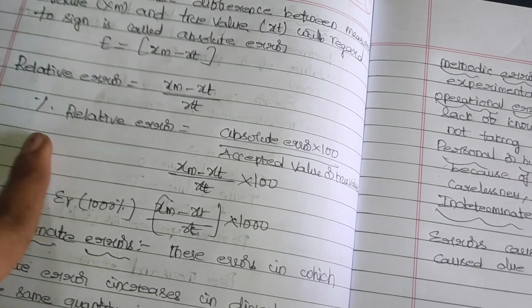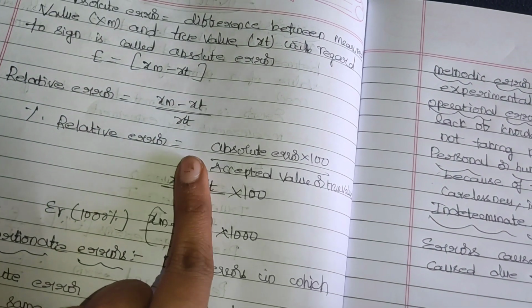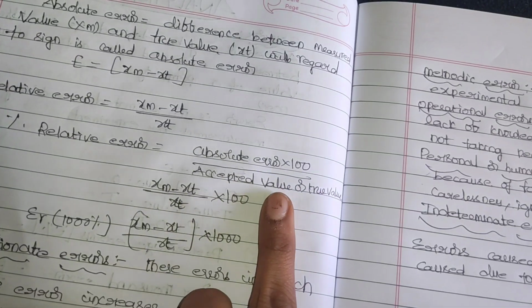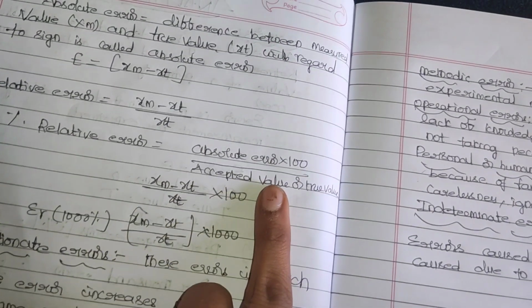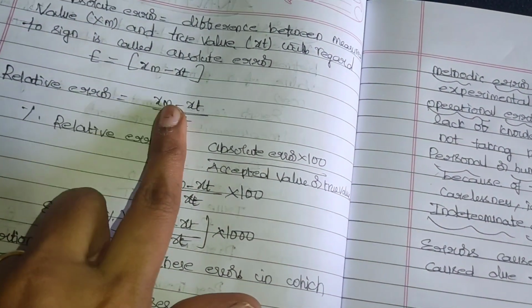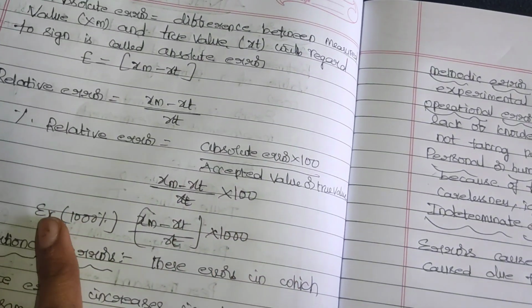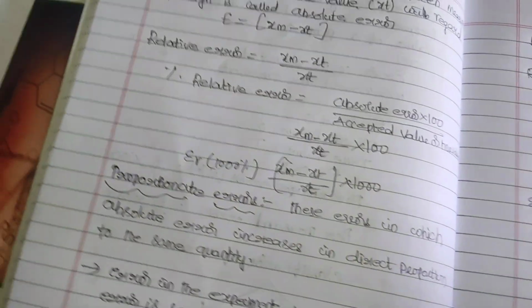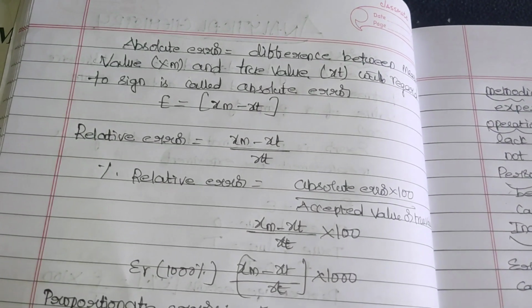In percentage, relative error is equal to absolute error into 100 by accepted value, or true value. So percentage is nothing but relative error into 100. Per 1000, it is relative error into 1000. Like this we can calculate.